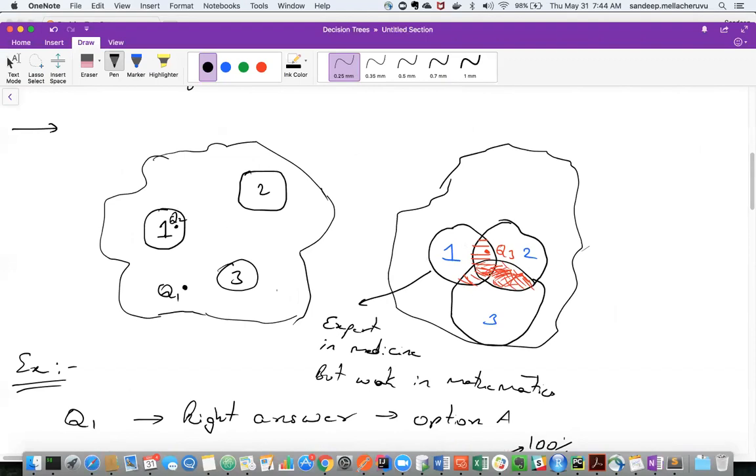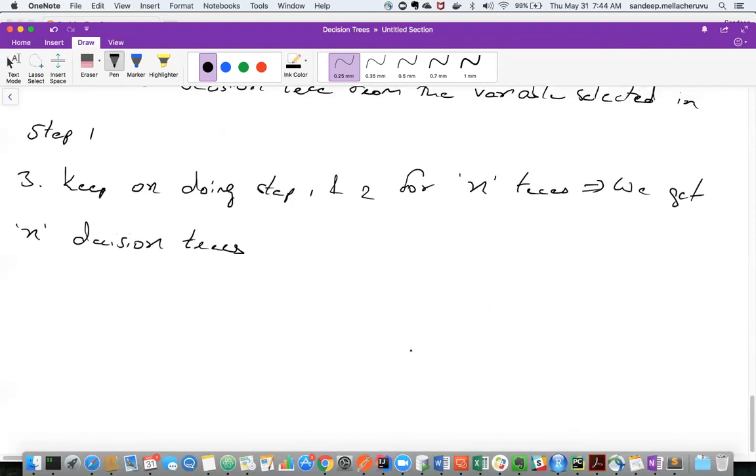In some areas the first tree is going to answer properly, but in a few specialized areas the first tree is not going to answer properly. Same way with the second tree, third tree, and so on.